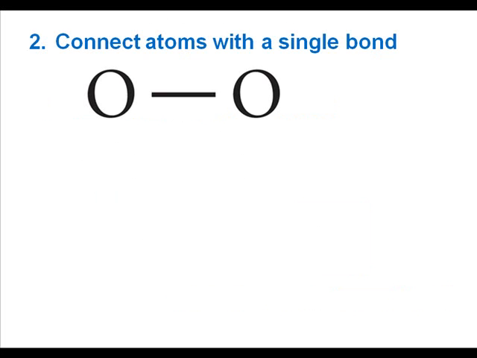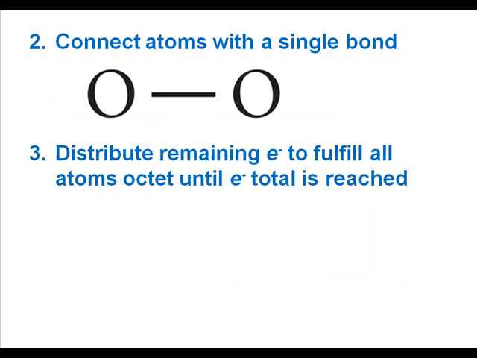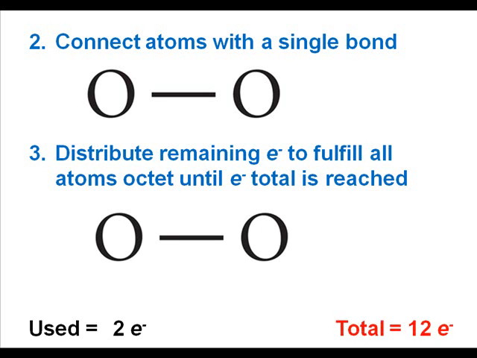The first thing we do is we connect the 2 atoms with a single bond. Then whatever's left, you put it around the other atoms. So there we have that bond between the oxygen required 2 valence electrons. One came from one oxygen atom, the other one came from the other oxygen atom. We have a total of 12 electrons to work with.